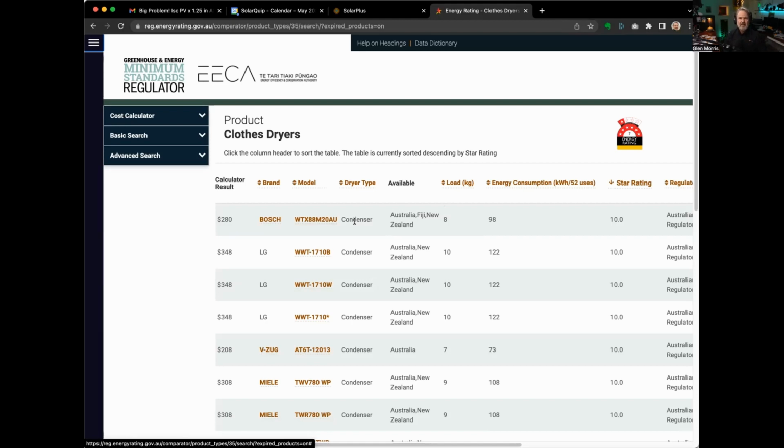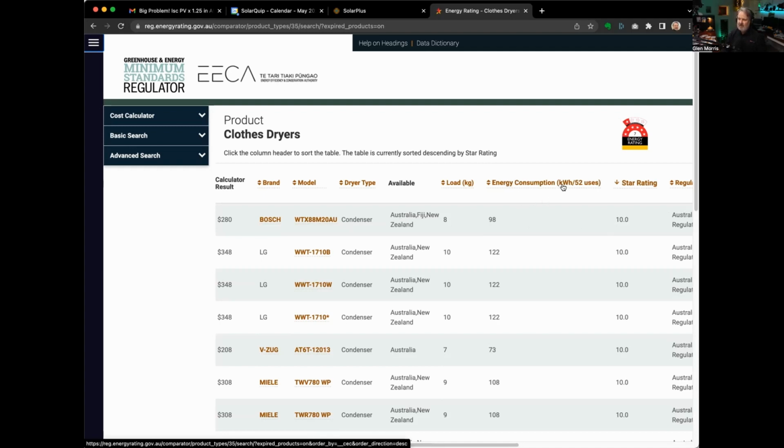It condenses, using a refrigeration cycle, to extract moisture from the air. So it dries clothes very efficiently, and you end up with a big bucket of water rather than all going as hot, moist air into your laundry or wherever your dryer is. So very efficient.